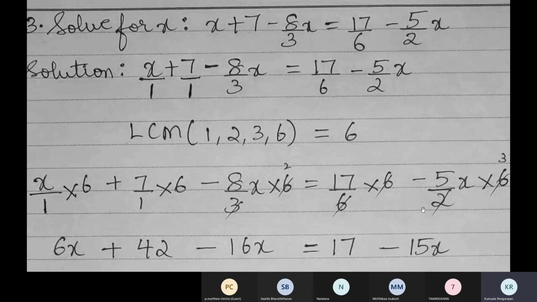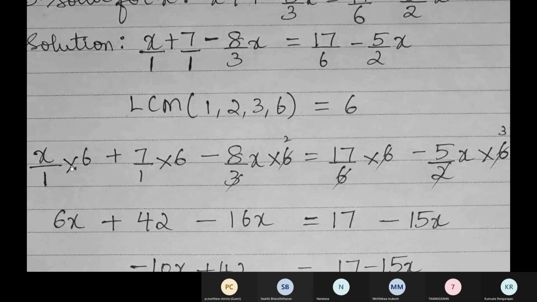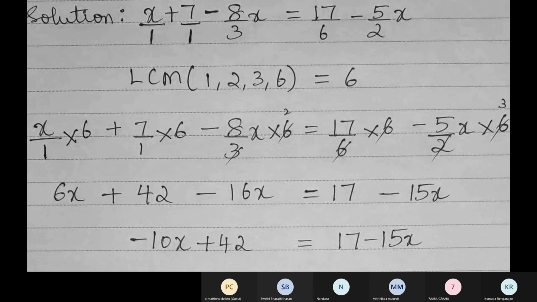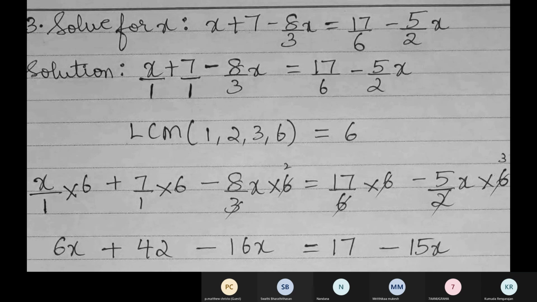Ma'am, after this we need to simplify it. So it will become 6x minus 1x, is equal to minus 25, ma'am. We should subtract 42 and 17. And we get 5x as the answer in the left hand side.